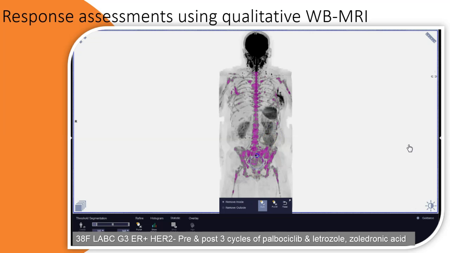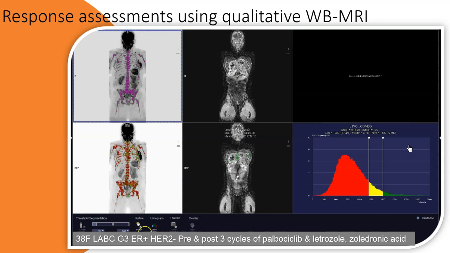And then we can do the bony pelvis. Now we need to segment about the same amount of bone marrow as we had before treatment, and we'll do that by altering the signal. And when we do that, you can see we've got about the same amount of bone marrow as we had previously, and then we will plot the histogram.